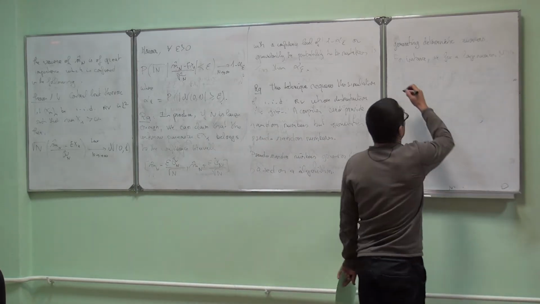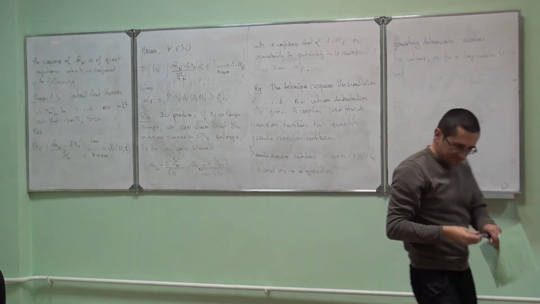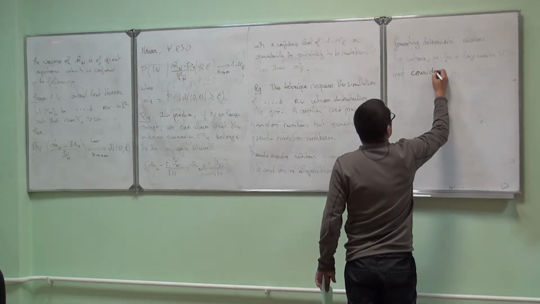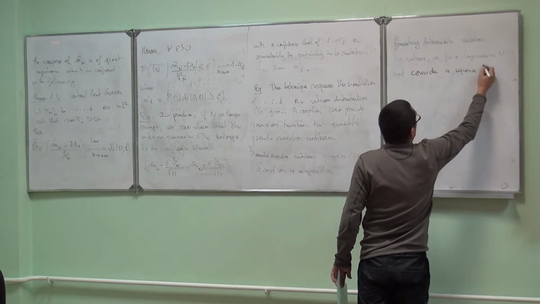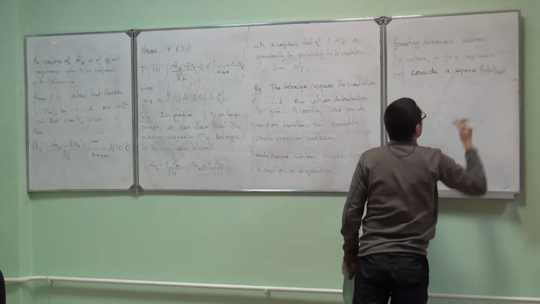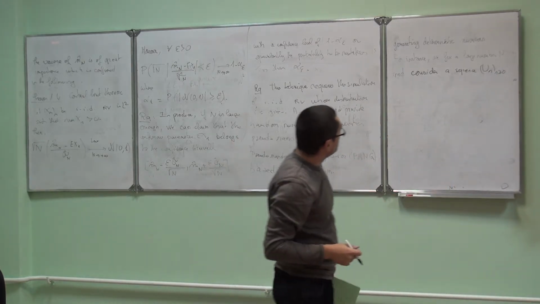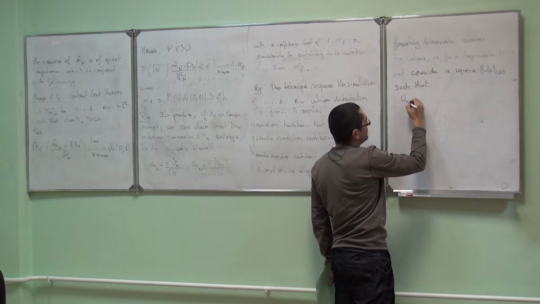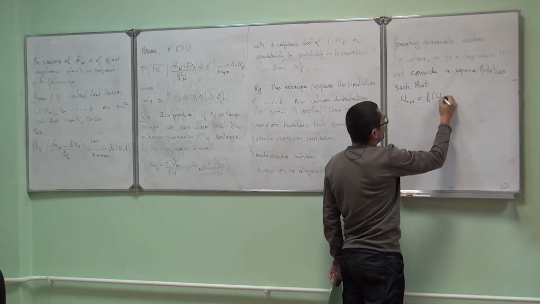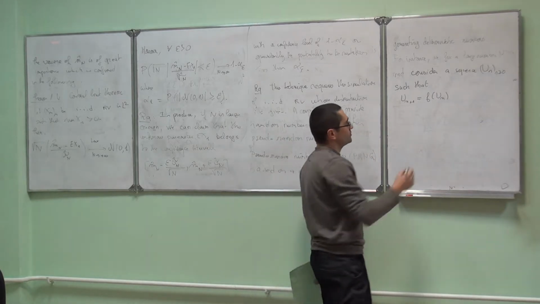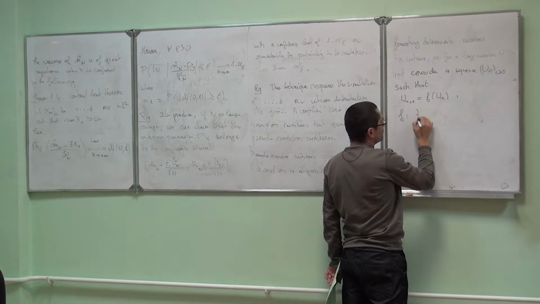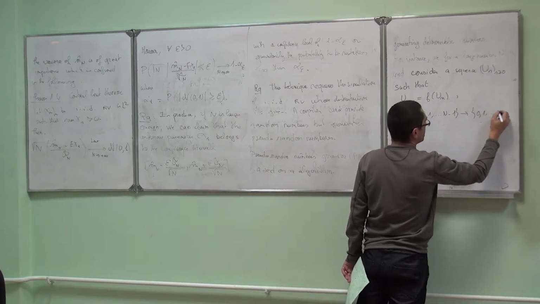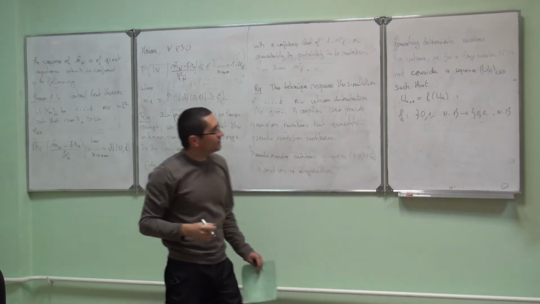And then I consider a sequence U_n, such that U_{n+1} equals f of U_n. f is some function from {0, 1, ..., N minus 1} into {0, 1, ..., N minus 1}, okay?